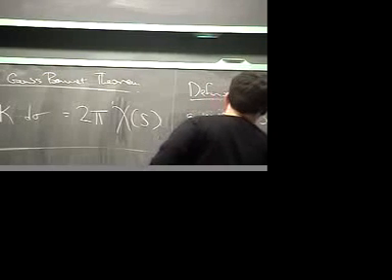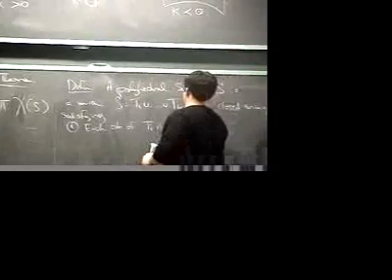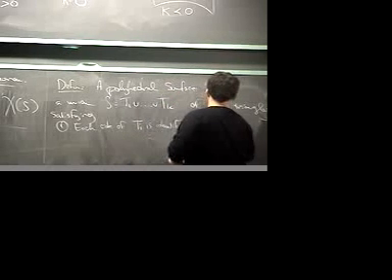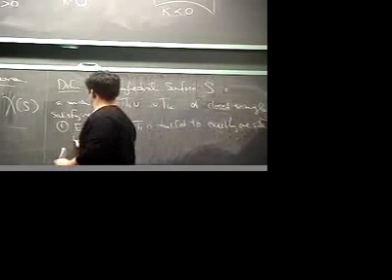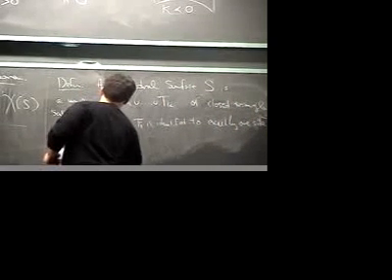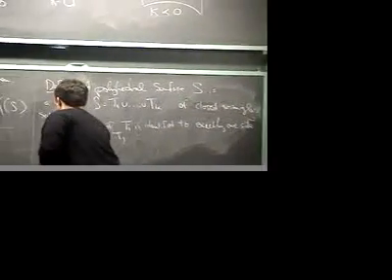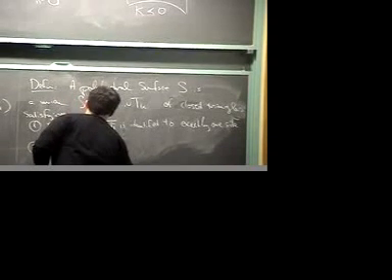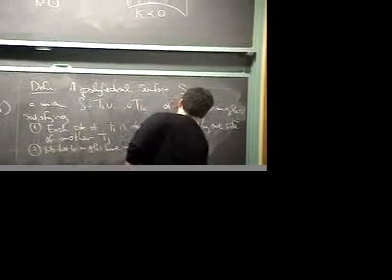One, each side of each T_i is identified to exactly one side of another T_j, with i not equal to j. Two, no two triangles have more than one side in common.